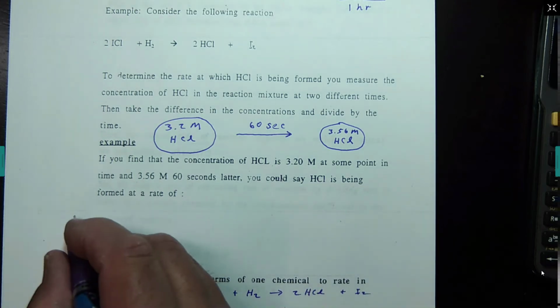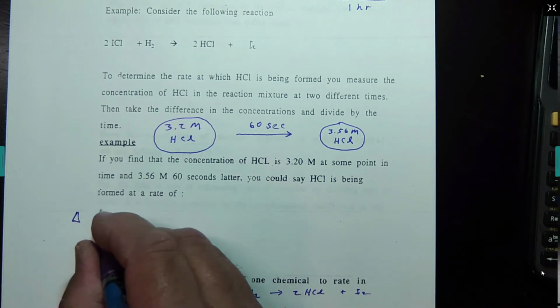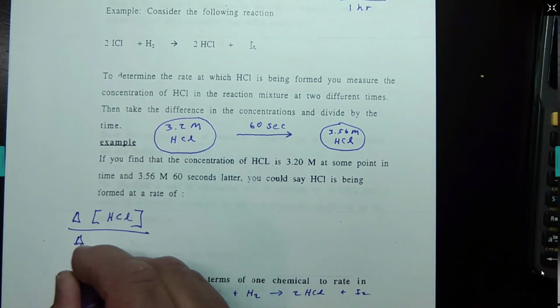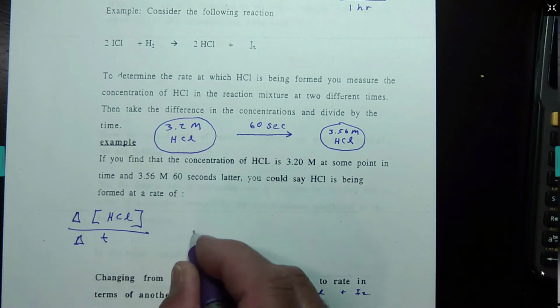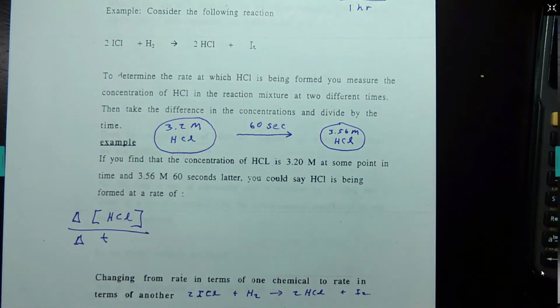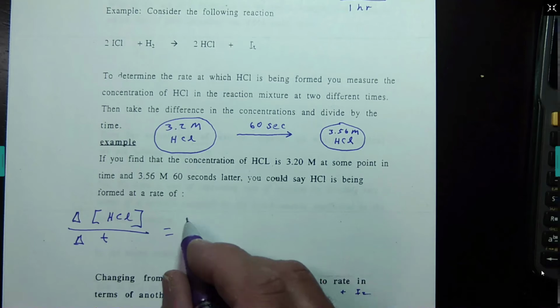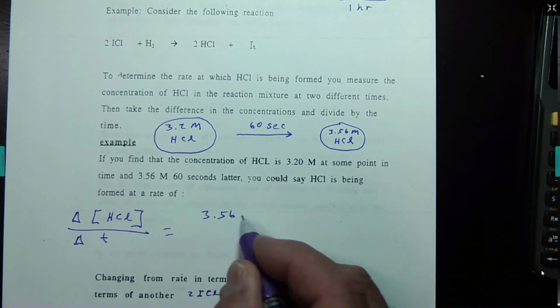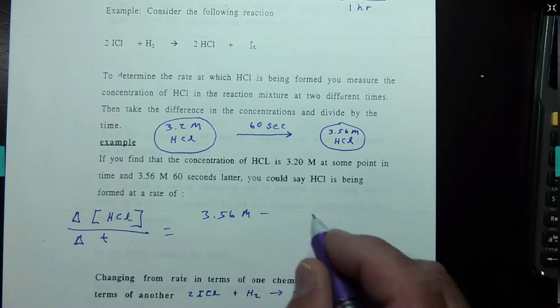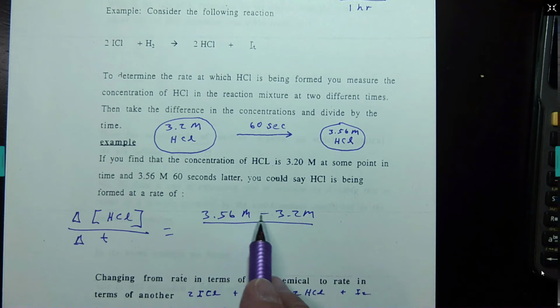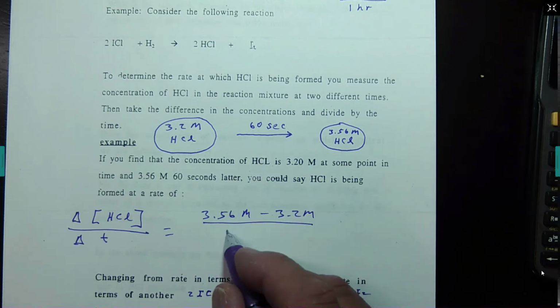Well, what is the rate? Change in concentration over change in time. So the change in the molarity of the HCl divided by the change in time is the rate. In this particular case, how did the concentration change? It ended up at 3.56 molar, so it's 3.56 molar minus 3.2 molar. And to effect that change, it took 60 seconds.